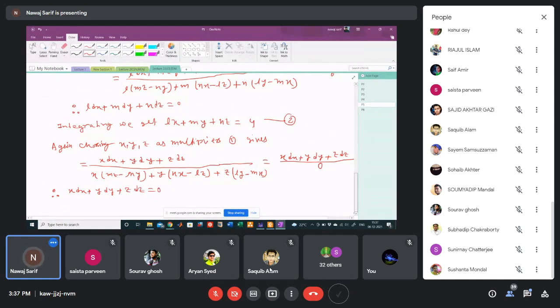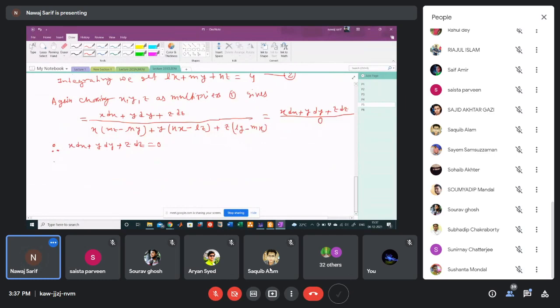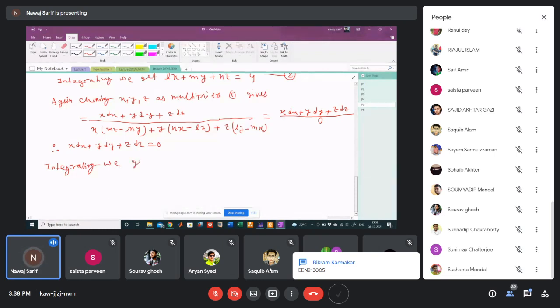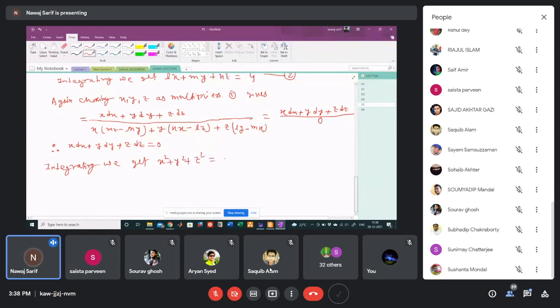Now integrate this expression. Integrating, we get x square plus y square plus z square equals C2. So put this as number 3.